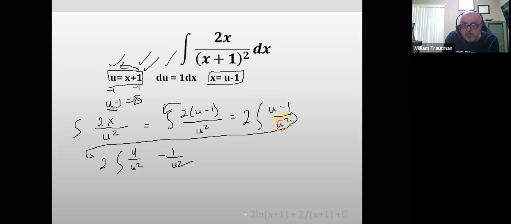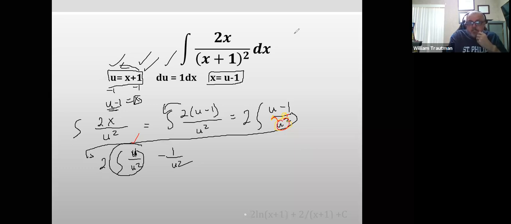We took that u squared and we put it underneath the u, and we also put it underneath the minus 1. So now I can integrate this. The bottom is our u, and the top is our du.